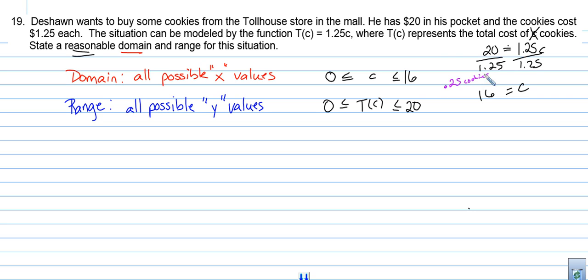So sometimes they might get really specific and say use the integers, whole numbers, something to that effect. Okay? But for the range, technically the price can be anywhere from 0 to $20. You can have change in there, especially if you throw in tax into the equation, things of that sort. Okay?